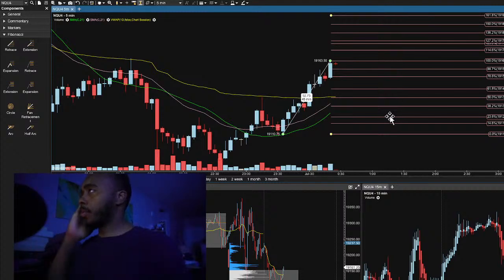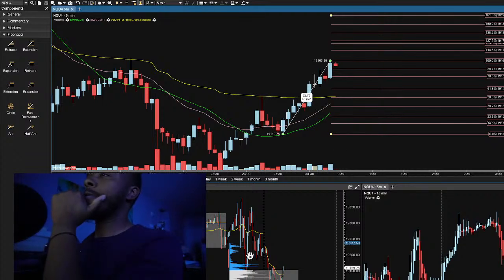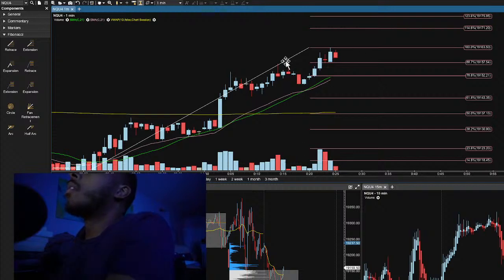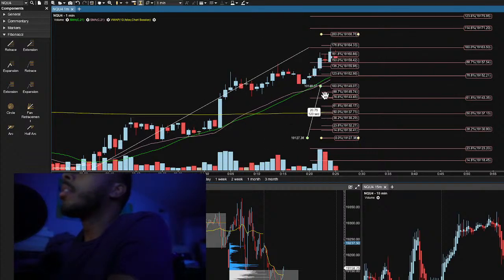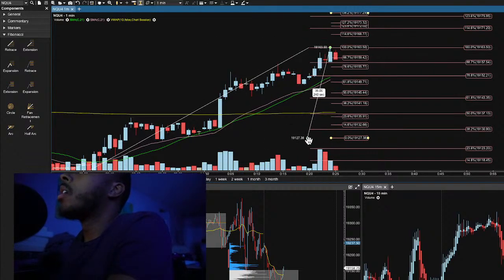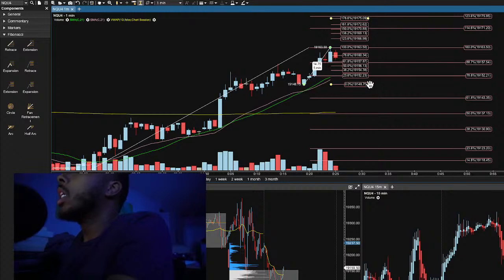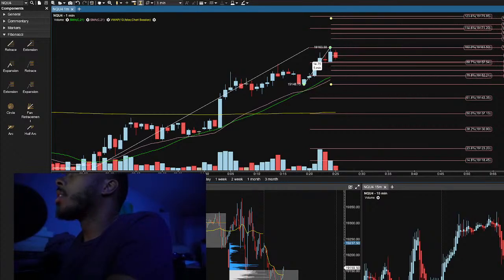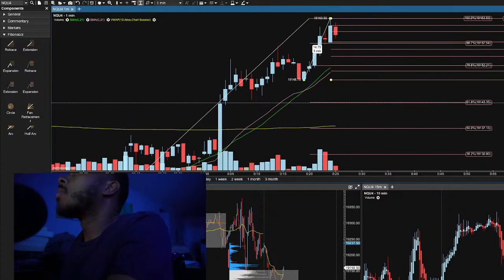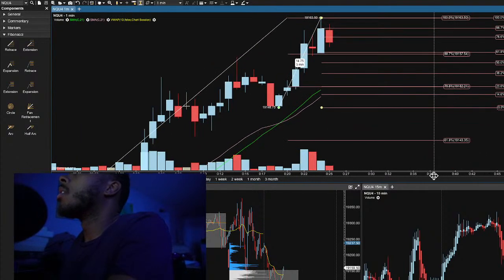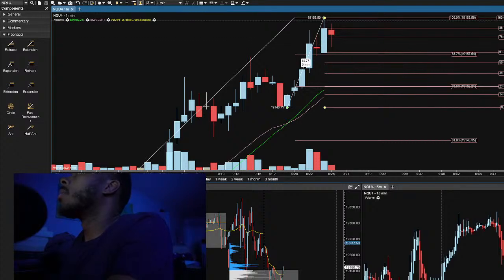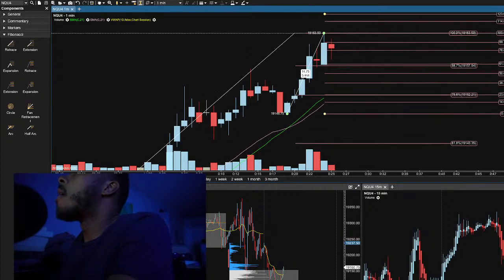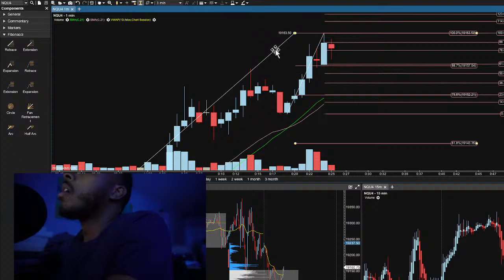Alright, so I see this red candle. Let's look at the 1 minute. I'm gonna bring another extension tool in here. Might get a little, just a little confusing, but just want to see. Let's see what we're doing here. You know what, I'm just gonna delete that.